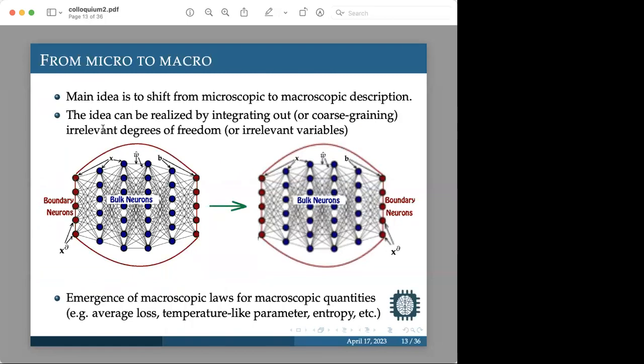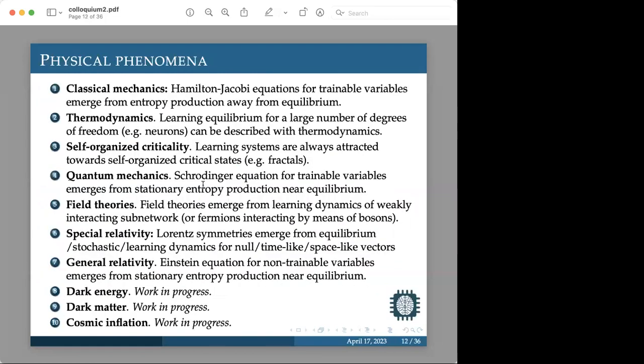Now, thermodynamics is only one of the physical phenomena, and there are many others that would need to be explained if we are claiming that everything is learning, and the world is a neural network and things like that.